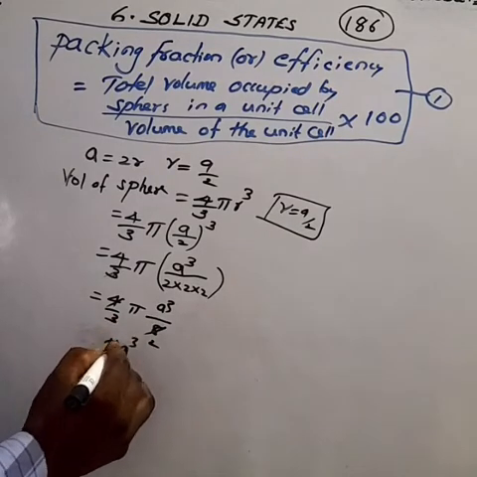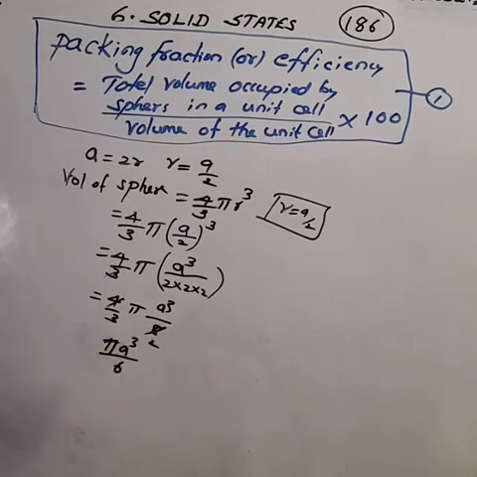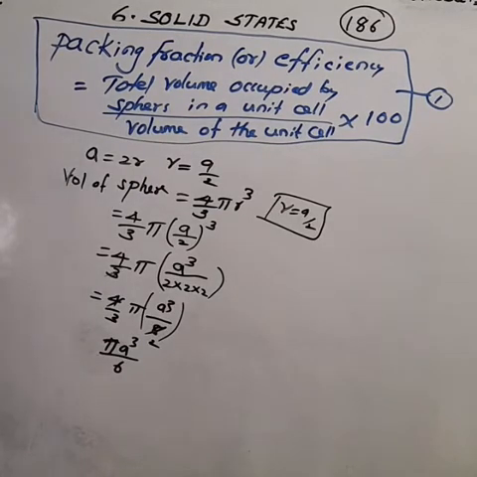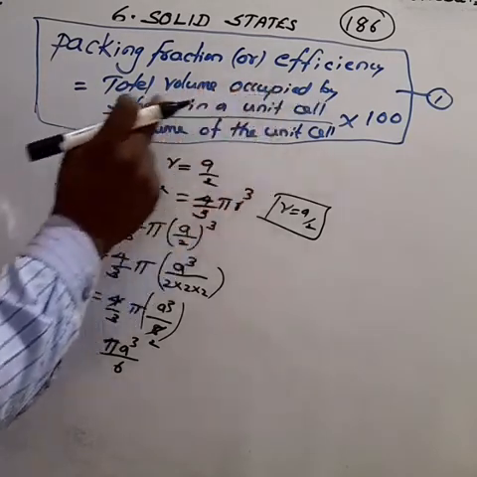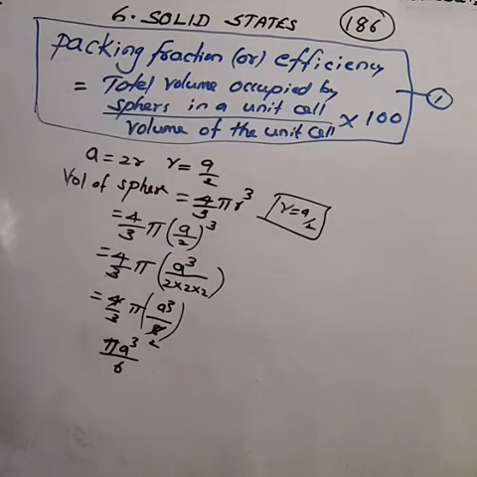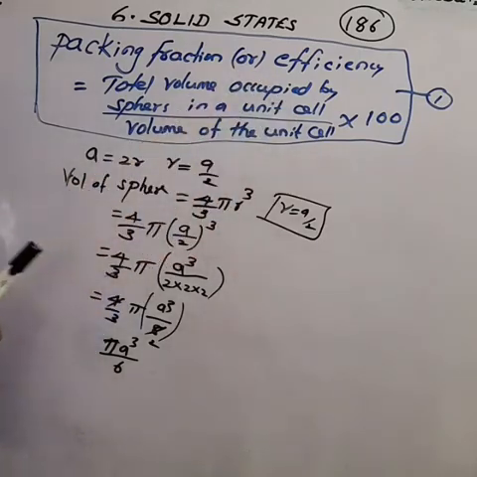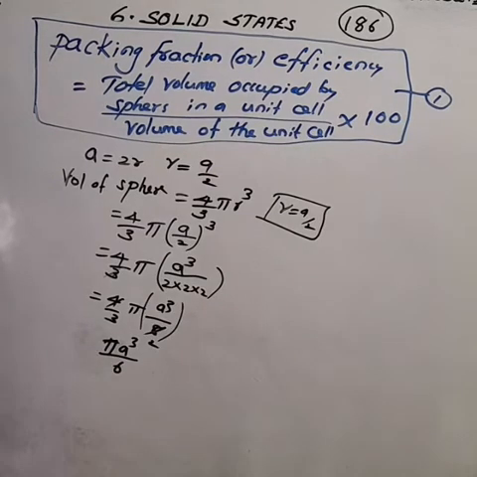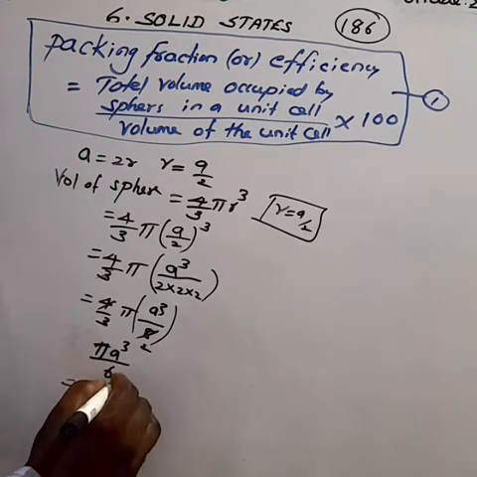We know the simple cubic arrangement. In the previous video I told you that in simple cubic arrangement, the number of spheres belonging to a unit cell is equal to 1. So the total volume occupied by the spheres in a simple cubic unit cell is equal to 1 into pi a cube divided by 6.